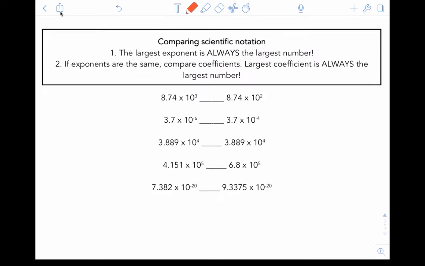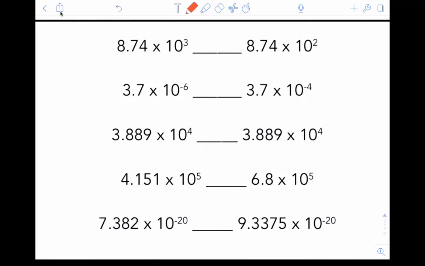So looking right here at 8.74 times 10 to the 3rd and 8.74 times 10 squared. Looking at my exponents 3 and 2, 3 is larger than 2, so 8.74 times 10 to the 3rd is larger than 8.74 times 10 squared.